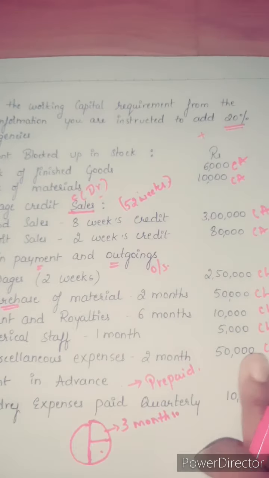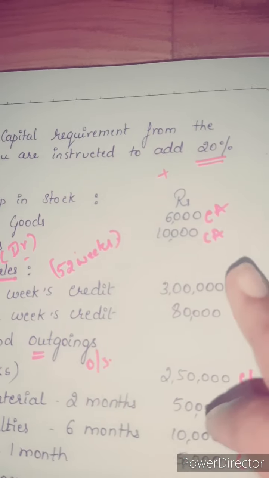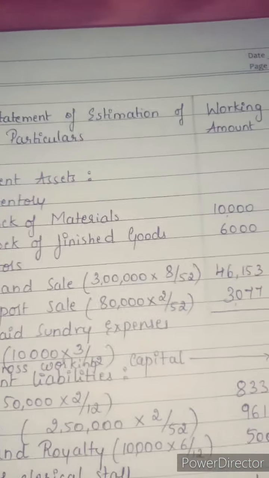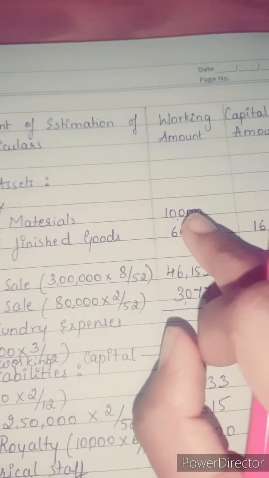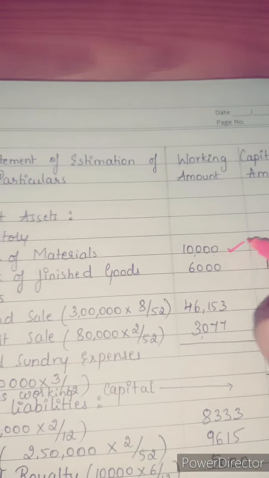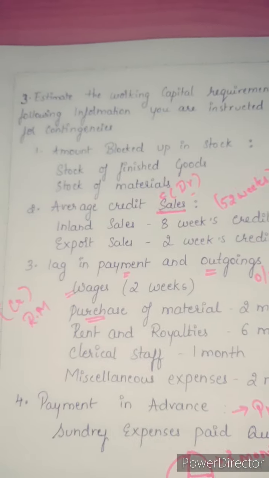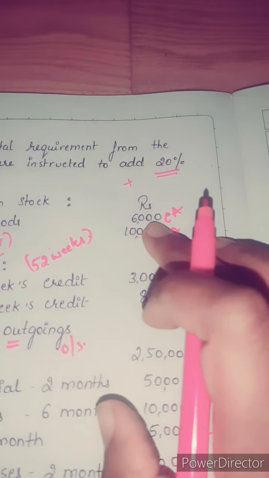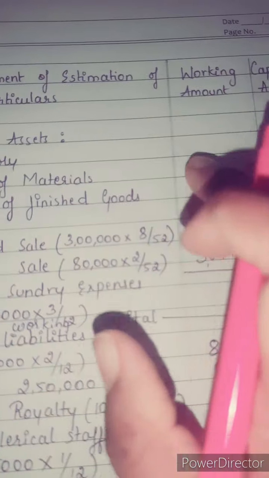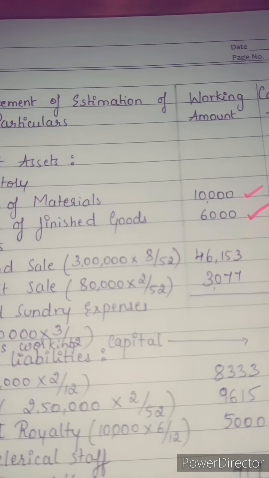So coming to the solution. Given inventory, amount blocked up in stock: stock of materials or raw materials, rupees 10,000, that is a current asset. Next, stock of finished goods, the amount given is 6,000.